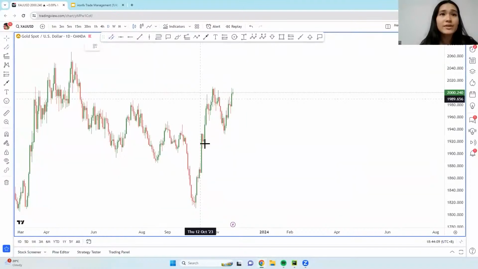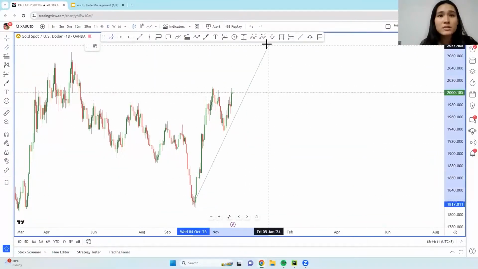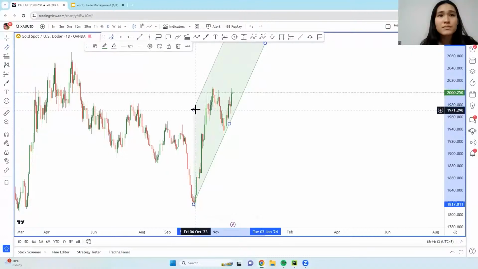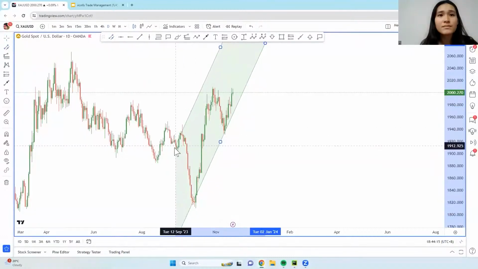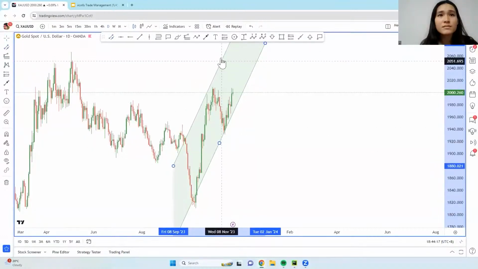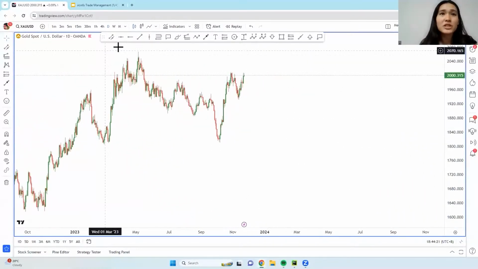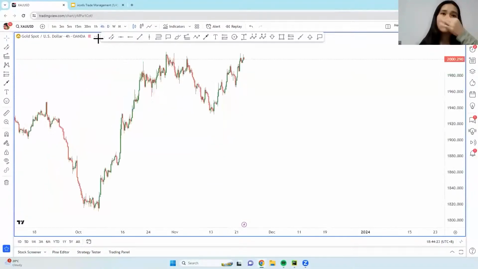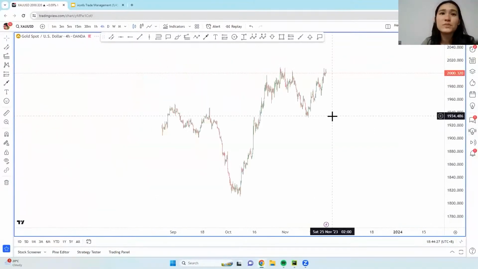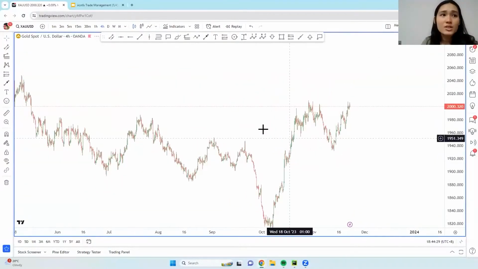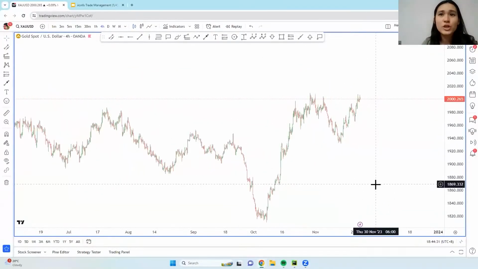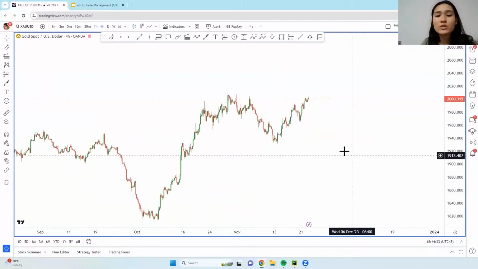Let's see if we have a channel here. Probably not, but you can see it's a definite uptrend here. And on our 4 hour time frame, it's also pretty bullish. So we typically recommend to trade according to the trends.